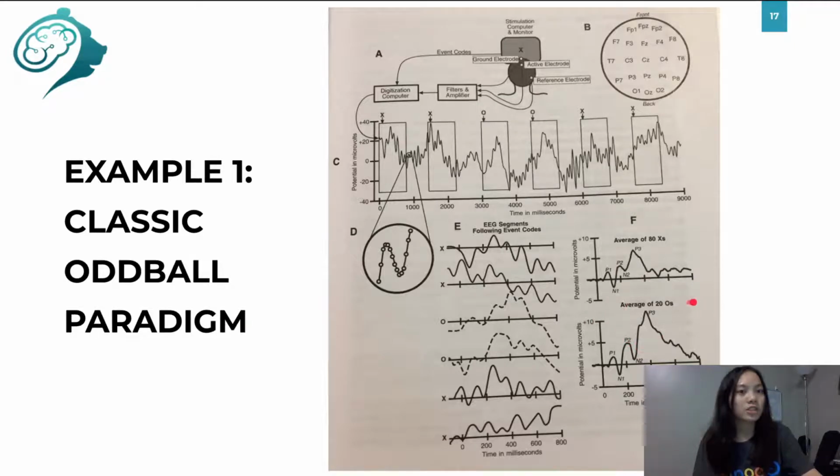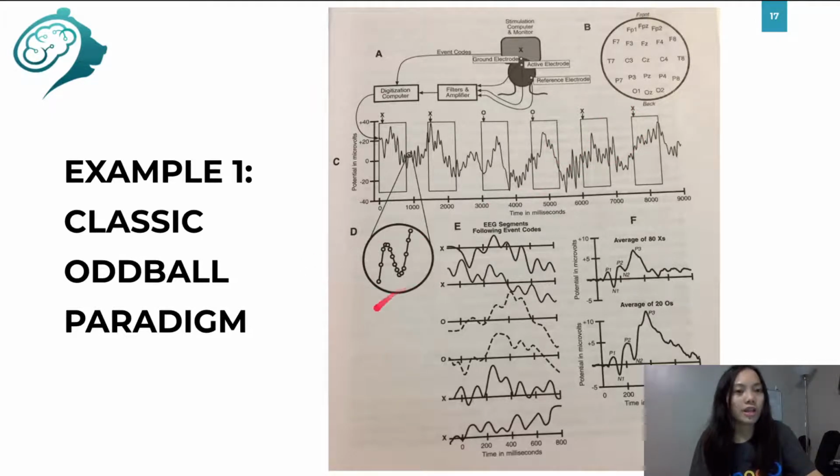To accomplish this, we extracted a segment of EEG surrounding each X and each O, which is indicated by the rectangles in figure C. So these are the X segments, and this is an O segment, and these are other X segments.